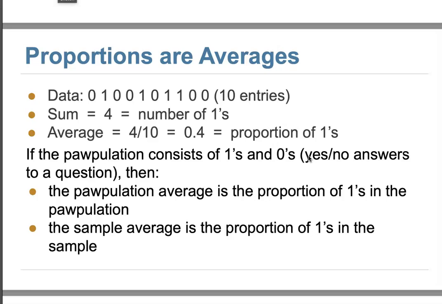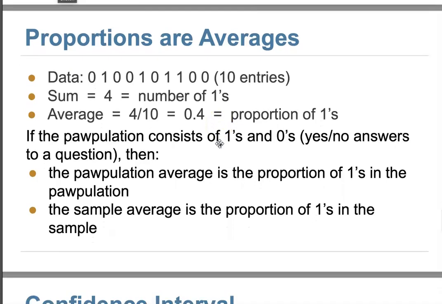For this kind of answer, the population average is the proportion of ones in the population, because true is 1 and false is 0. Then the sample average is also the proportion of 1s in the sample. So we call the proportion also the average.